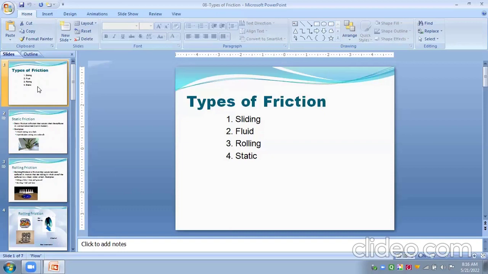Kinetic friction is the friction between the contacting surfaces during the relative motion.